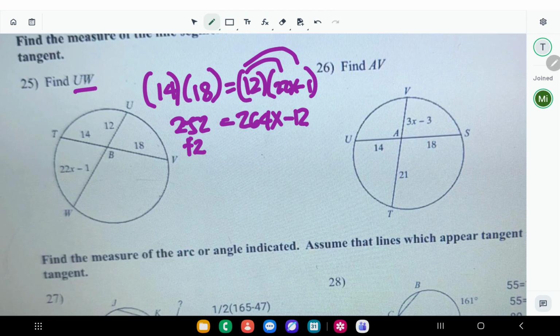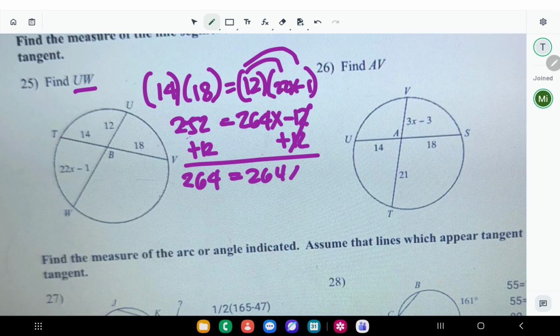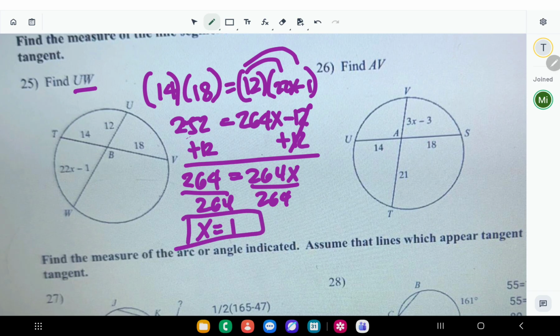Then we add 12 to both sides. Then we have 264 equals 264x. And we divide both sides, so x is equal to 1. So now we have x equals 1. Then we substitute here. 22 times 1 minus 1.